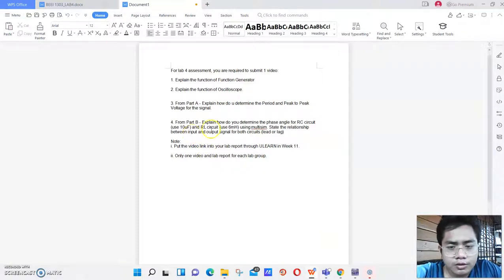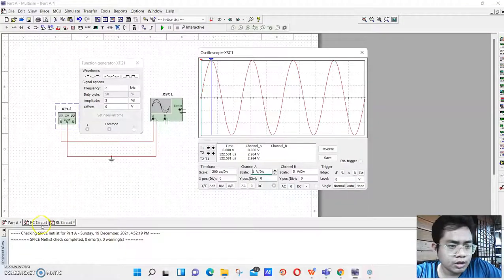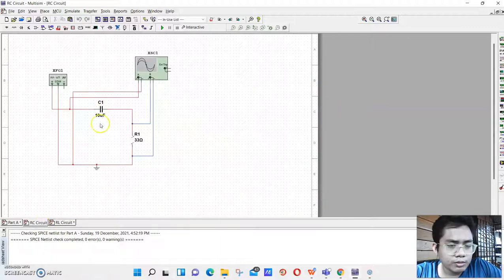For the next question, for part B, explain how you determine the phase angle for the RC circuit using 10 microfarad and the RL circuit using 6 millihenry, using Multisim. State the relationship between the input and output signal for both circuits. We will proceed to the RC circuit, which is 10 microfarad.